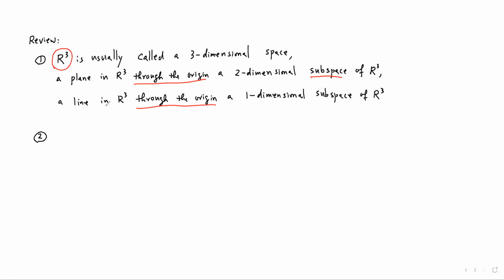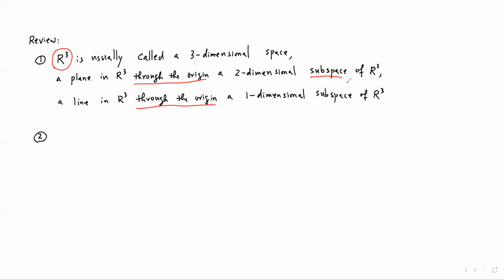And a line in R3. This line passes through the origin. We call that line a one-dimensional subspace of R3.